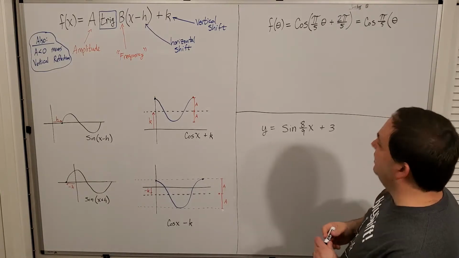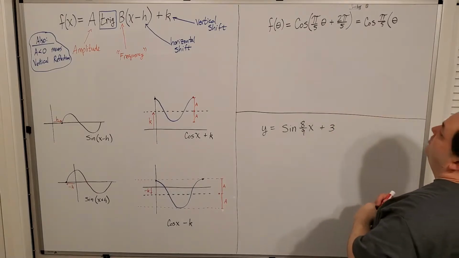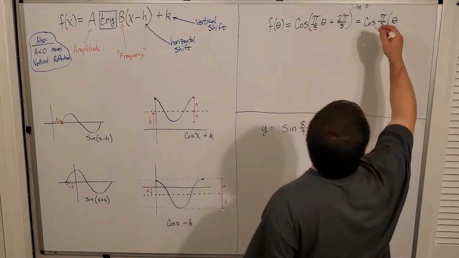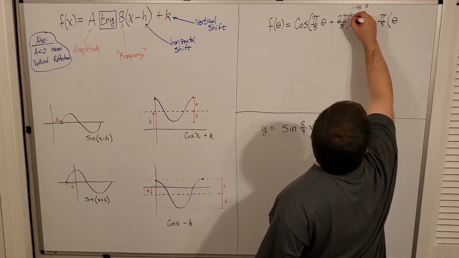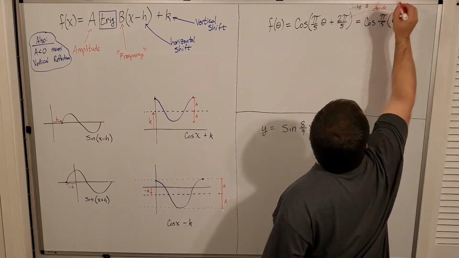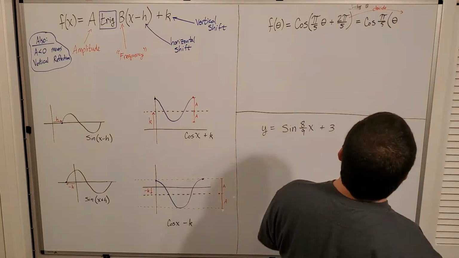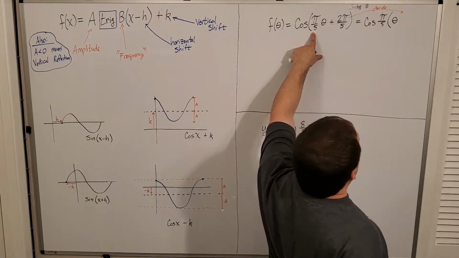Okay? The way that you calculate the factorization, the quick way, is to just use division. So to go from 2 pi over 5 to the factored number, just divide. Okay? By divide, I mean 2 pi over 5 divided by pi over 5.